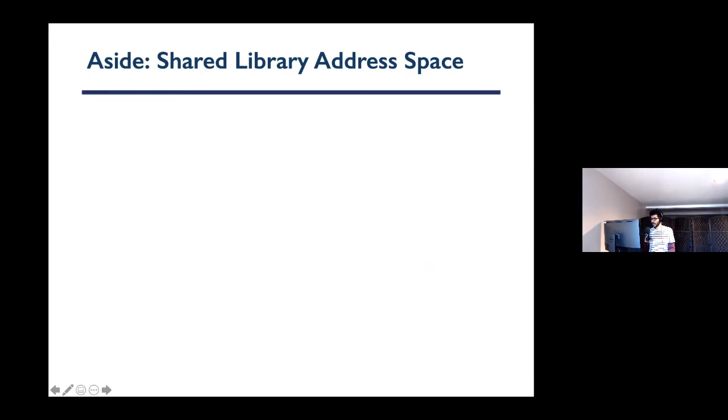So in order to explain this, let me start with contrasting how you can code for shared libraries and how you can code for your normal program. If you remember, the whole point of virtual addresses was to take the burden off of the compiler and the linker to think about virtual addresses.